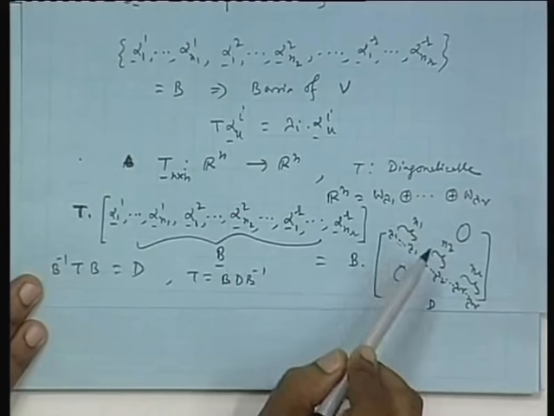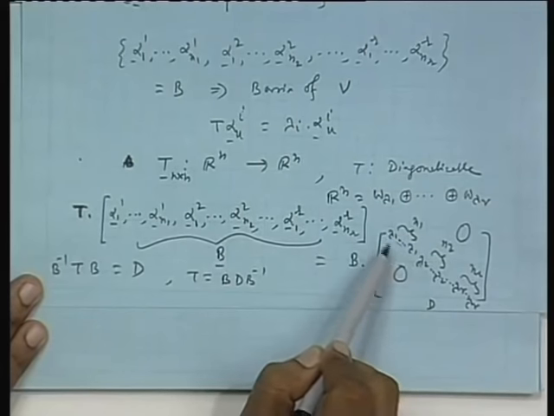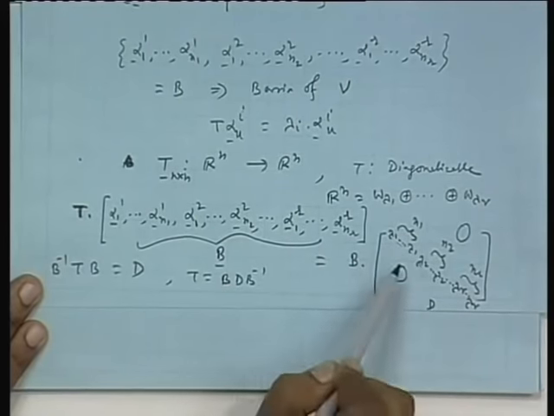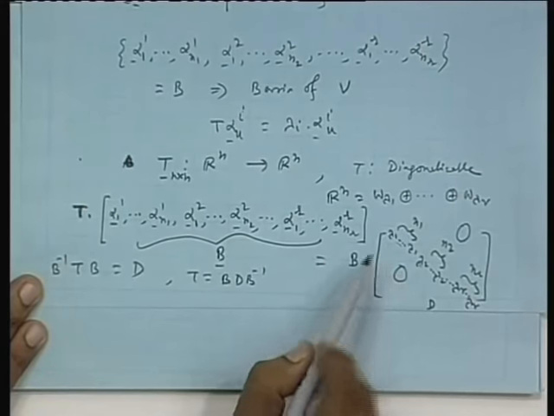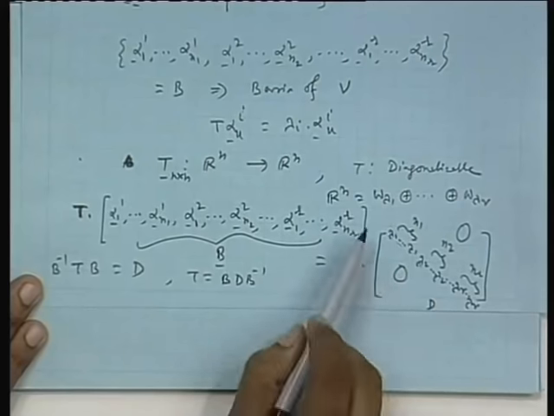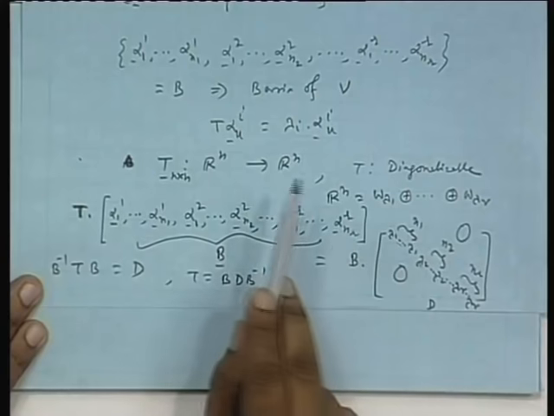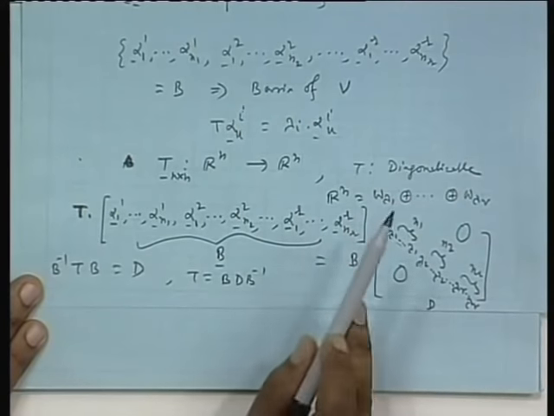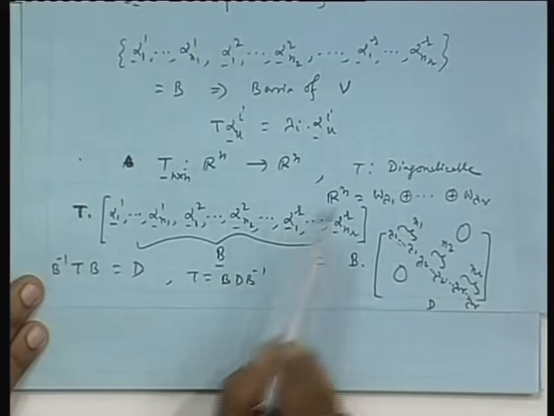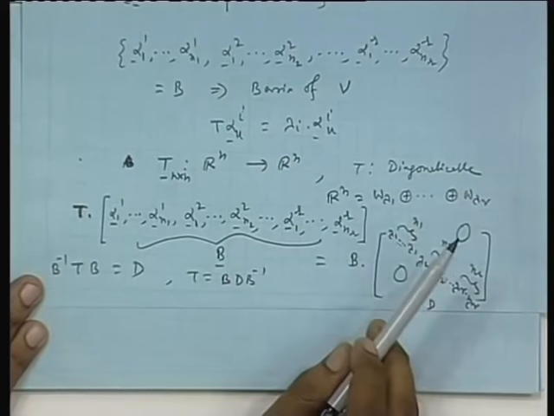The n1 is also called the multiplicity of lambda 1, that is the number of times lambda 1 occurs in this diagonal matrix. In general lambda i has a multiplicity ni, meaning it occurs ni times in this diagonal matrix. And what is ni? Ni is the dimension of W lambda i. That means the dimension of the eigensubspace W lambda i indicates the multiplicity of the eigenvalue lambda, remember.